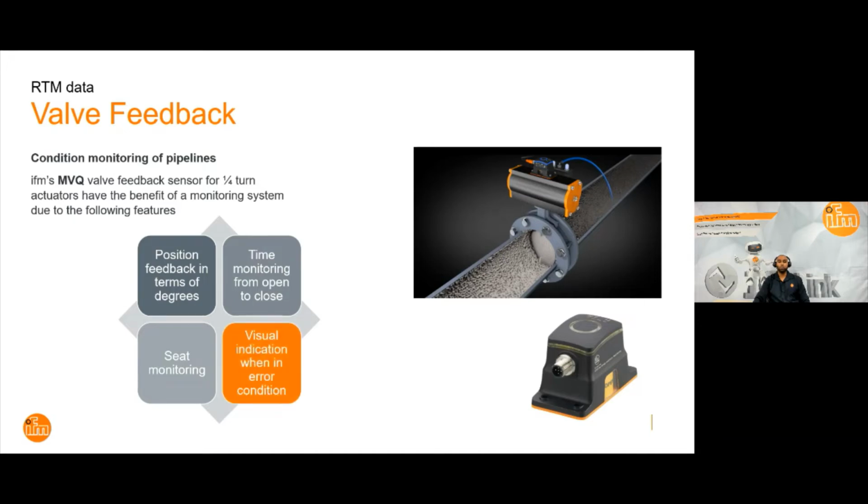We also have a visual indication on the sensor itself to tell you whether the valve is open or closed, and it has a bright red LED that will blink to indicate if there's a fault on a valve. So valve feedback gives us the benefit of providing real-time maintenance data that can be used for condition monitoring.